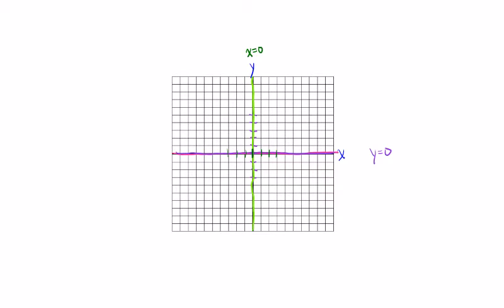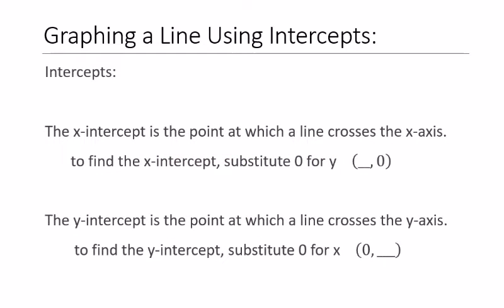I can do a similar thing if I'm trying to find the x-intercept. I can set y equal to 0 and solve for x. Okay, so that's what we're going to do.